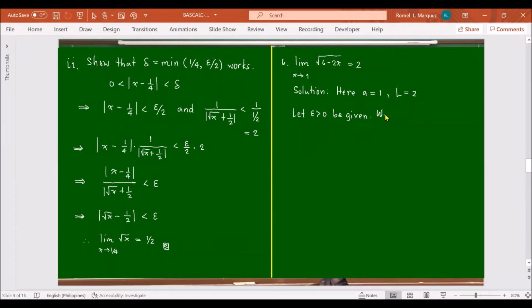So we want to find a positive delta such that if the absolute value of x minus a, so that is x minus 1, is between 0 and delta, then the absolute value of f of x minus L, that is square root of 6 minus 2x minus 2, is less than epsilon.